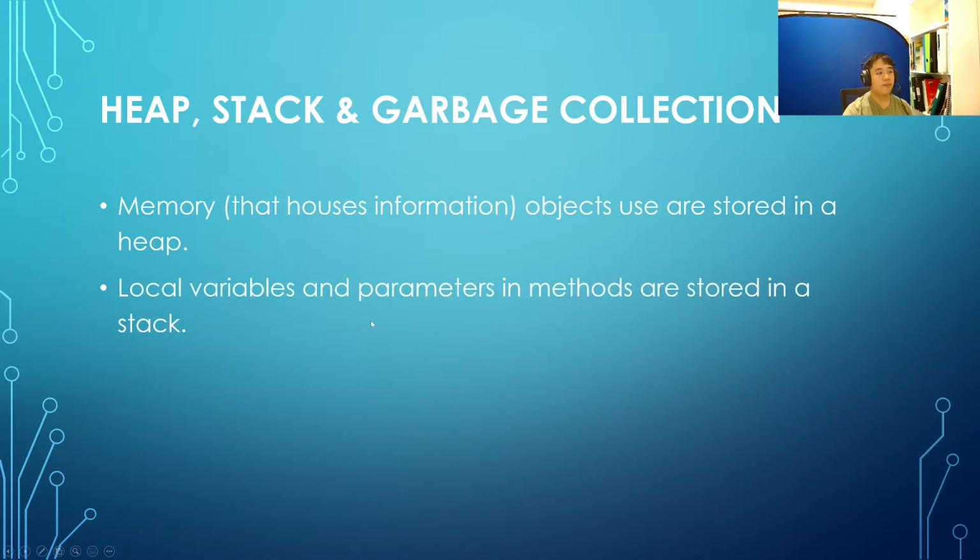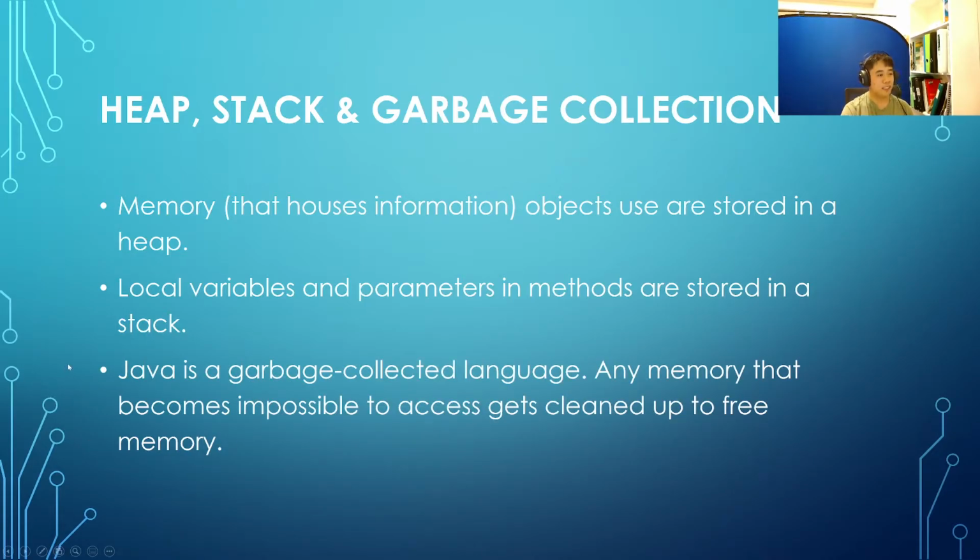Local variables and parameters in methods are stored in a stack. A stack is like a stack of plates. It's last in, first out, so the latest thing you add is the first thing you take out. It's useful in some other algorithms as well. Again, keep your eyes peeled on these things. They're going to be mentioned in our next couple of courses, and trust me, they will become nightmares later on.